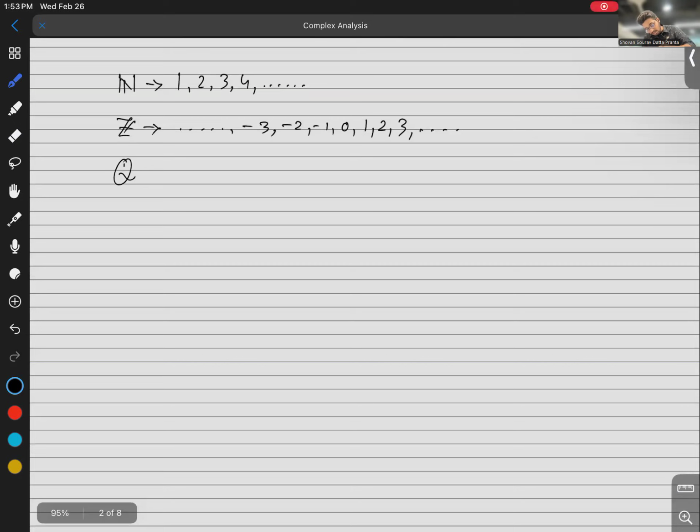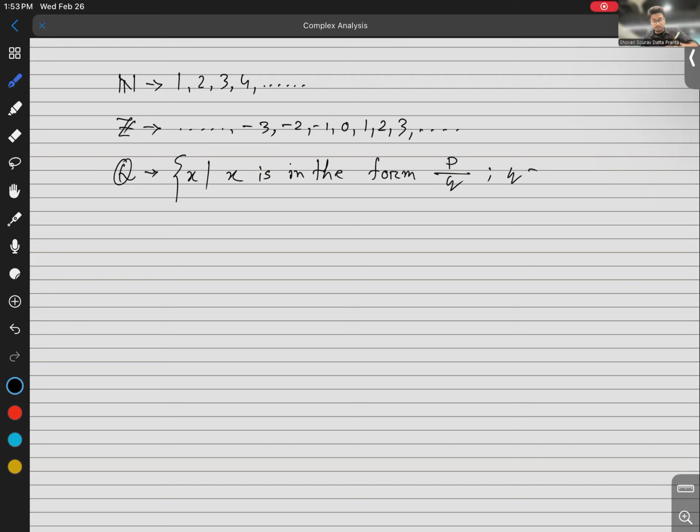And then there are rational numbers, Q. Rational numbers are those numbers which we can represent as a ratio of two integer numbers. So if x is a rational number, then x can be represented in the form p by q, where p is an integer and q is also an integer.